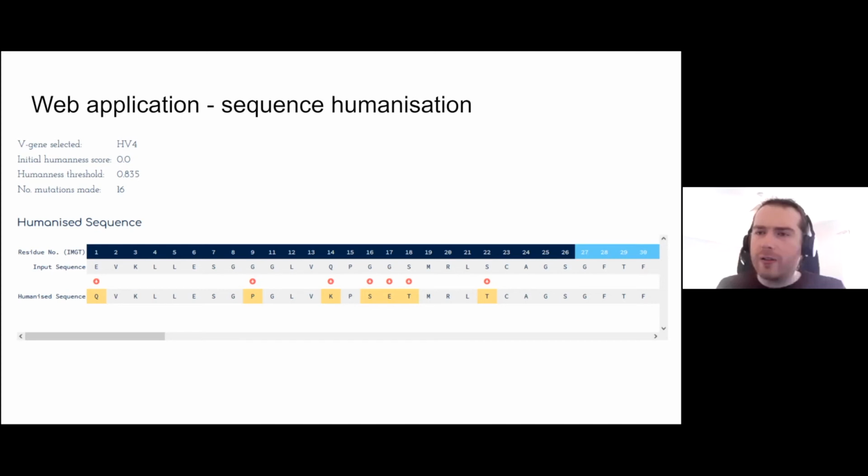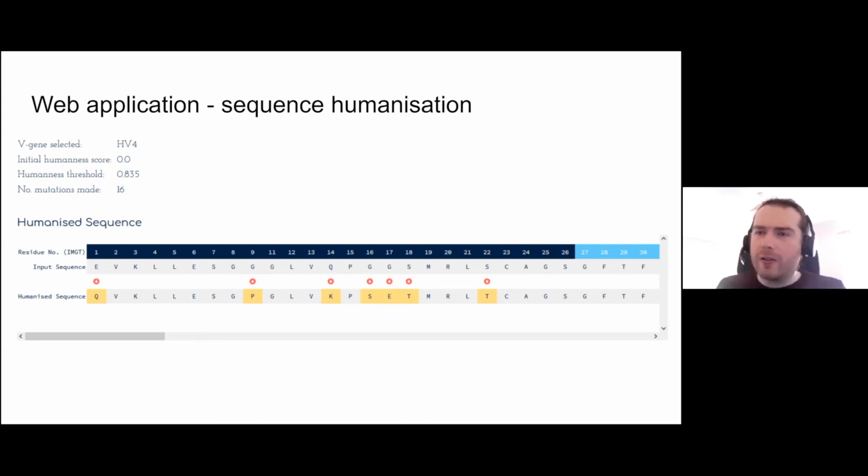Again, thinking about this rationally, when we humanize a sequence in HuMab, we're able to have a look at what individual mutations were made in order to make this look like a human sequence. So we can see in the output down here, we have our initial sequence with the IMGT residue numberings at the top, thinking back to sequence numbering. The dark blue in this display corresponds to a framework region.